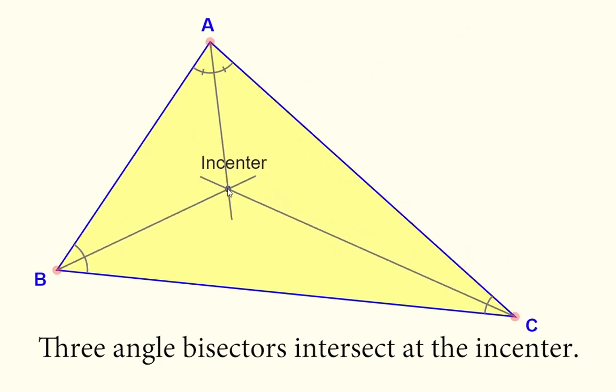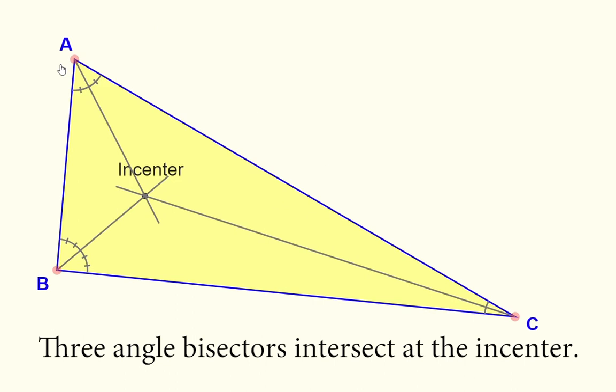It's the distance from the incenter to the side at 90 degrees, and all those distances are the same. So this incenter is the same distance away from AC as it is from BC, as it is from AB. And since it's the same distance away, we can make a circle on the inside that goes around that incenter. So that's its special properties: the incenter is the center of the inscribed circle, and the incenter is always inside.